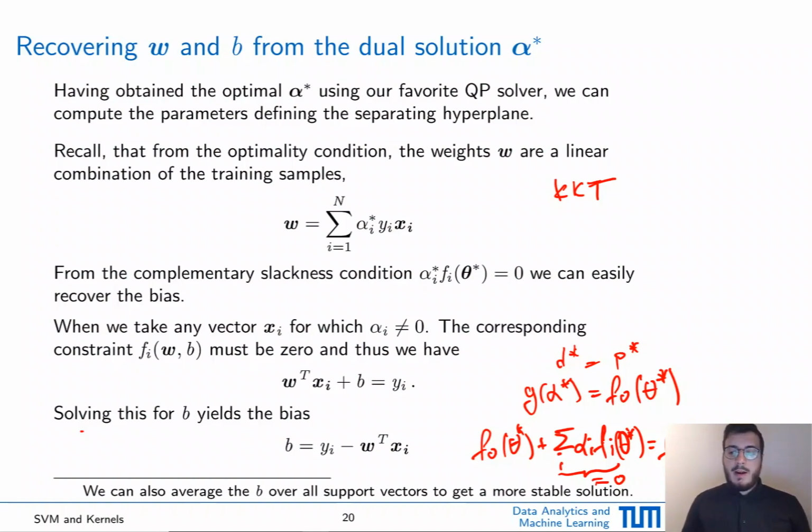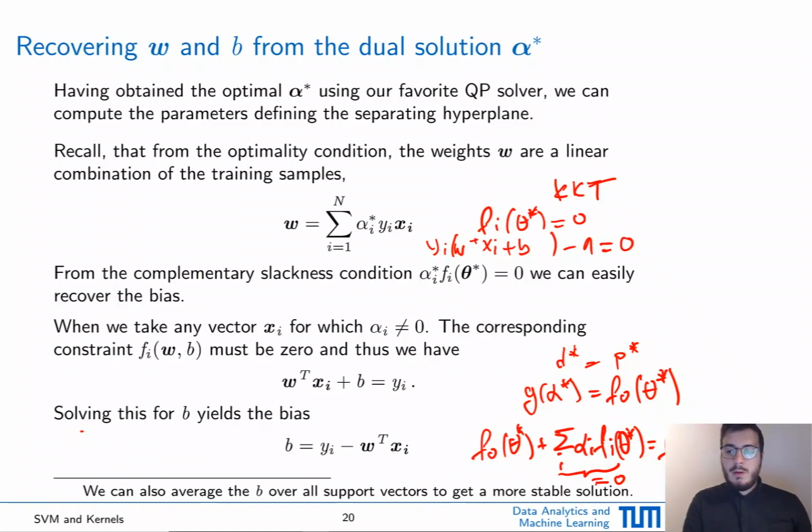Now, in order to find the bias, we just have to pick some of these terms where alpha i is non-zero, because then f_i of theta star has to be 0. So if we choose f_i of theta star to be 0, by plugging in the definition for f_i in the case of SVM, we get that w transposed x_i plus b, times y_i, minus 1 equals 0.